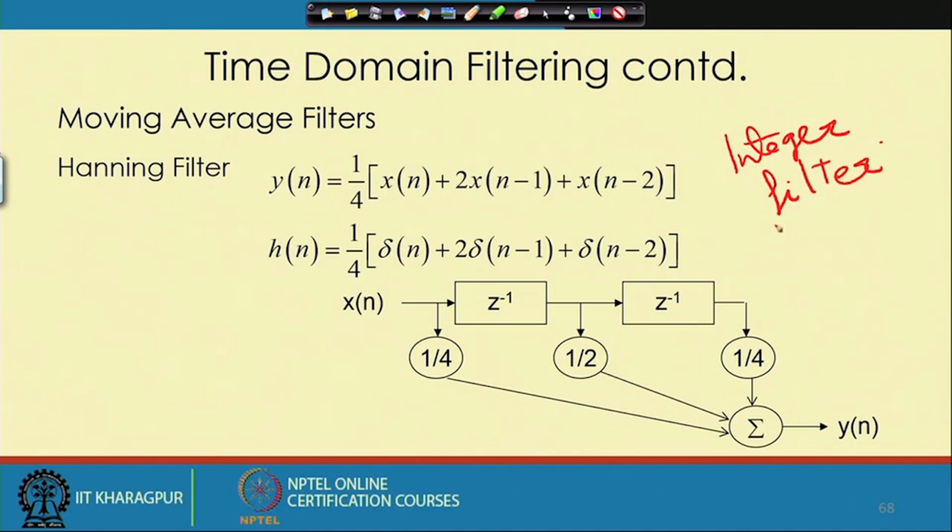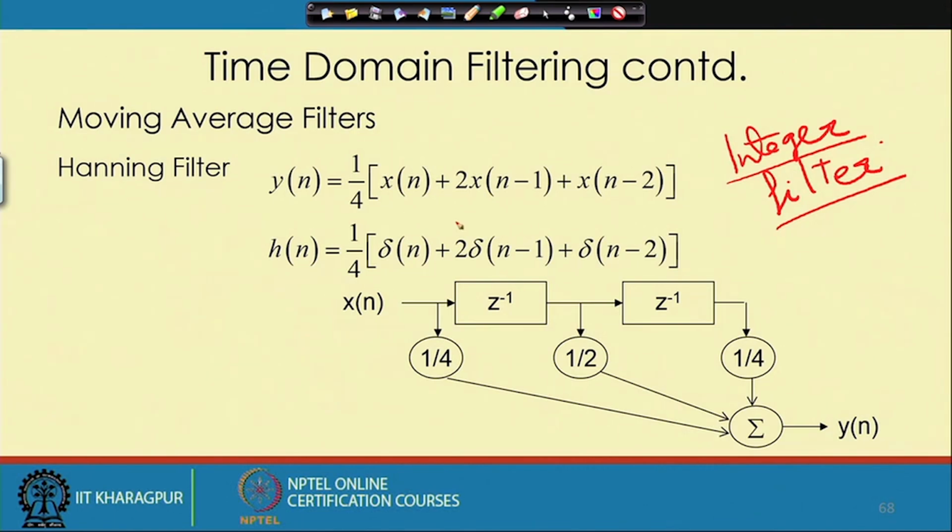Now, what is the benefit of this integer filter? One may argue that we are calling this an integer filter, but we have a scaling function here that is 1/4, so we actually have fractions.